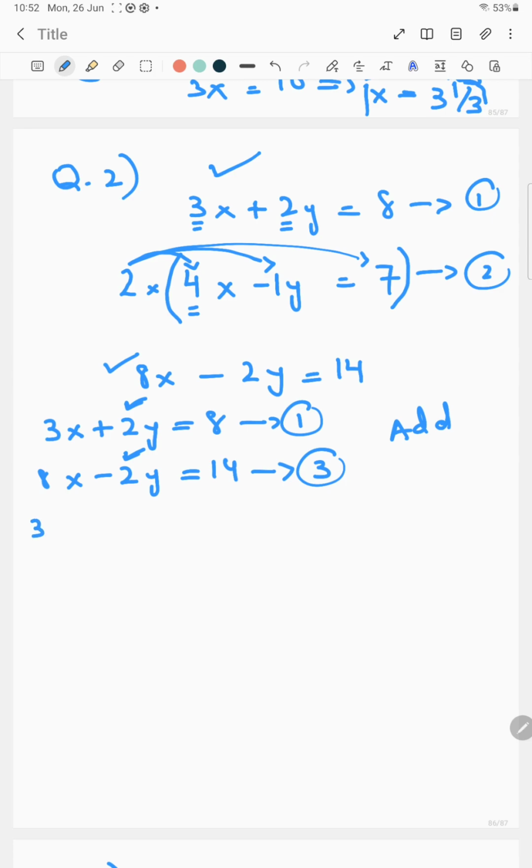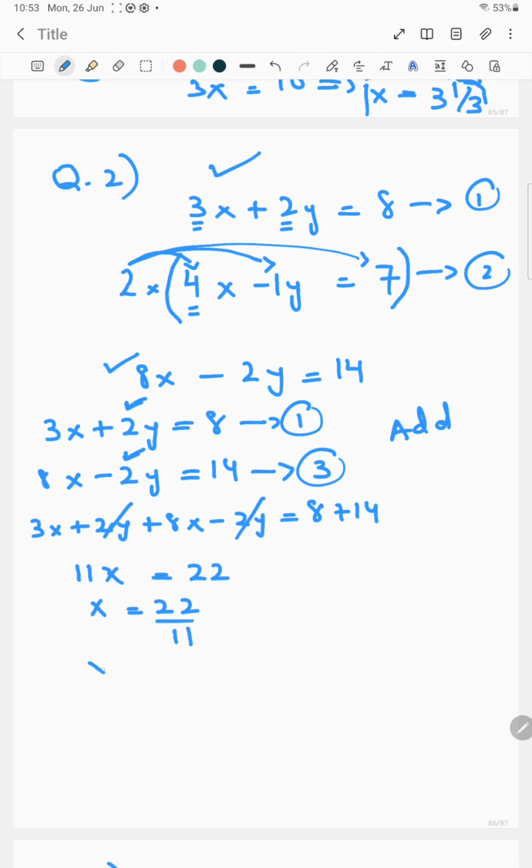So we will write 3x plus 2y and we have to add them, plus 8x minus 2y is equal to 8 plus 14. Now plus 2y minus 2y will be cancelled with each other. 3x plus 8x is 11x is equal to 14 plus 8 is 22. Now we have to just find x, so we will divide by 11 on the other side. So x is equal to 2.